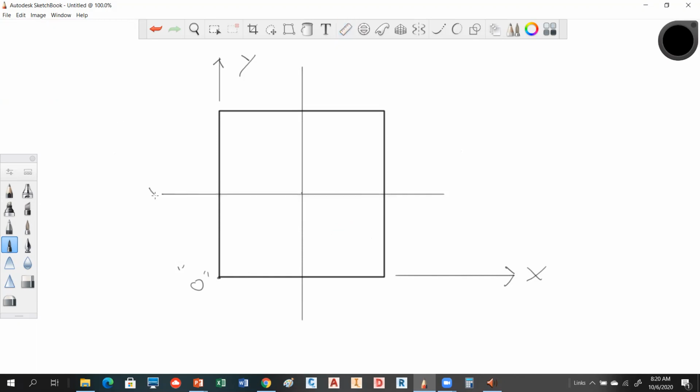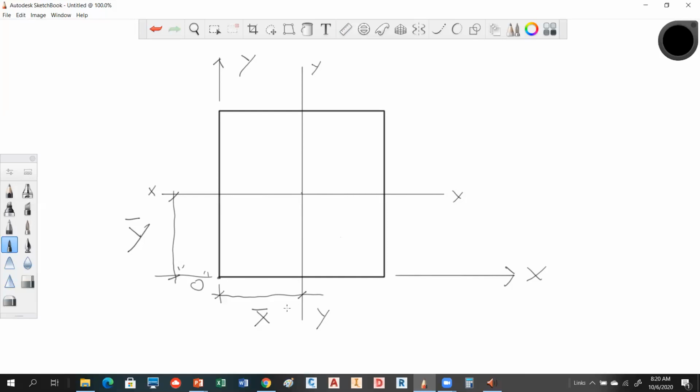So we'll call that the XX centroidal axis, the YY centroidal axis, and the distance from the origin to the YY centroidal axis is labeled as X bar, and the distance from the origin to the XX centroidal axis is Y bar. So there's your Y centroid, and there's your X centroid, and this is the actual centroid itself.